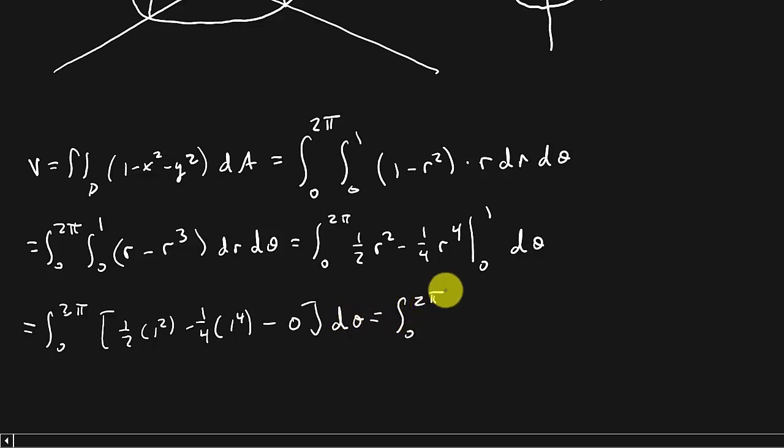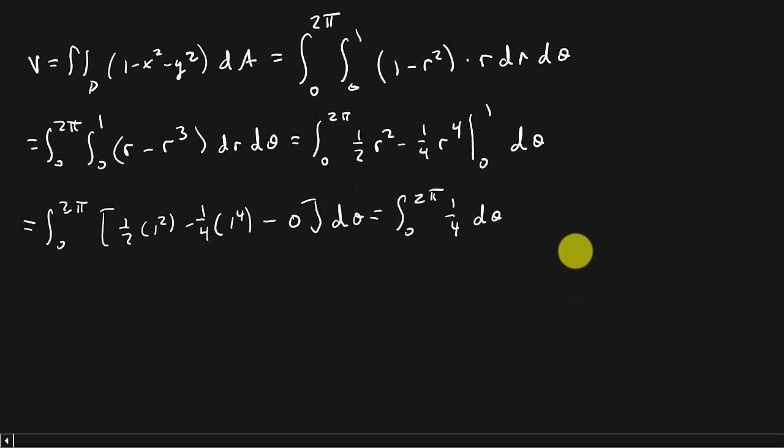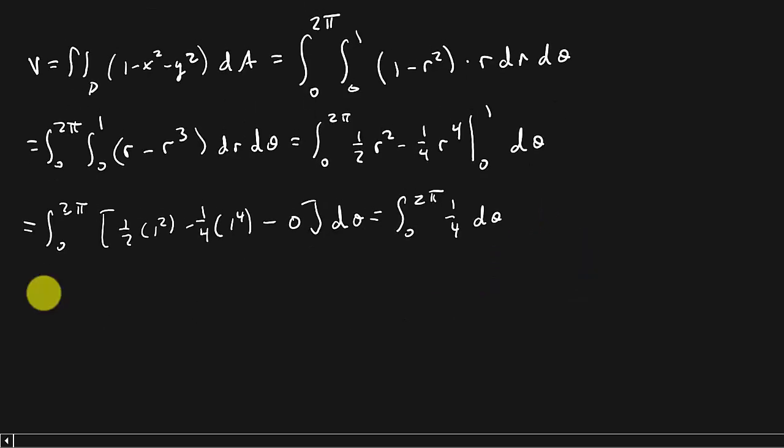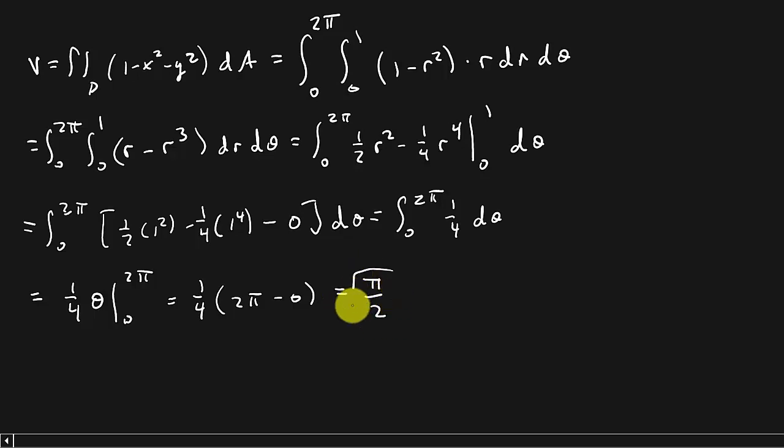And so that's going to be 0 to 2 pi. And then let's see, what do we get in here? That's 1/2 minus 1/4. That's just going to be 1/4 d theta. So that worked out nice. And so this is going to give me 1/4 theta from 0 to 2 pi. I'm integrating this now with respect to theta. And so that's going to be 1/4 times 2 pi minus 0, which is pi over 2. And there you have it.